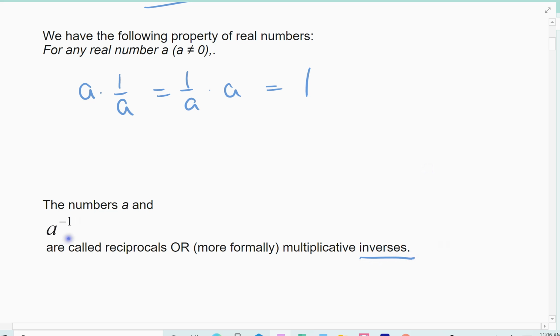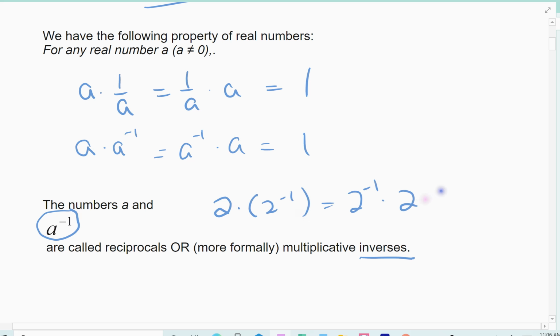Another way we can write an inverse is a to the negative 1. 1 over a, using exponential notation, is the same as a to the negative first. You can test it out on your calculator. Take 2 times 2 to the negative first, or 2 to the negative first times 2.